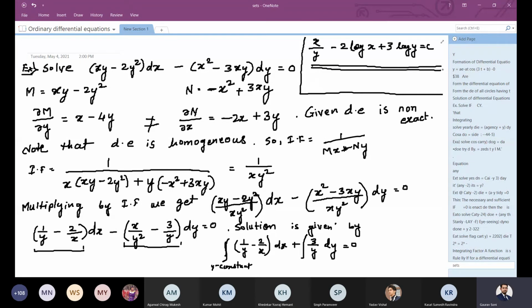Does the base of the log matter while writing, sir? Whenever you are integrating, your base will always be e. Fine. Yes, sir.